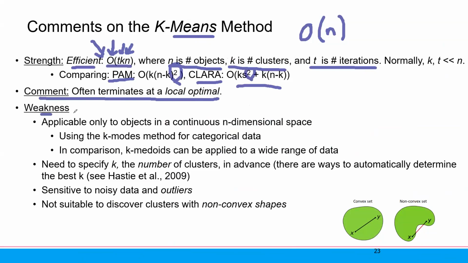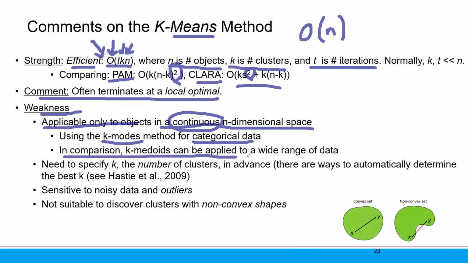The other weakness is it is applicable only to objects in a continuous n-dimensional space. Continuous, so it is only for numerical attributes. If you have categorical data, k-means cannot do it. So you need to use another one like k-modes.